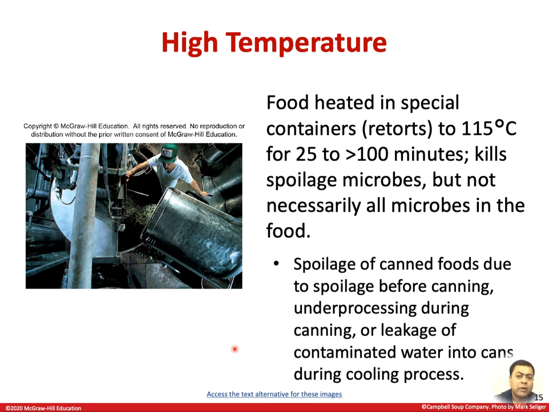And it can produce organic acid, salt, and some gases. Sometimes you can see that if a packaged canned food has a can that is bulging out, that is a clear indication that there is something growing in that can. So there are some processes that can lead to contamination even after the high temperature.